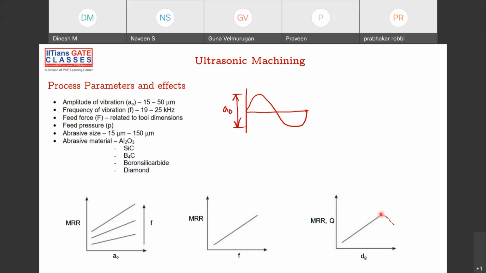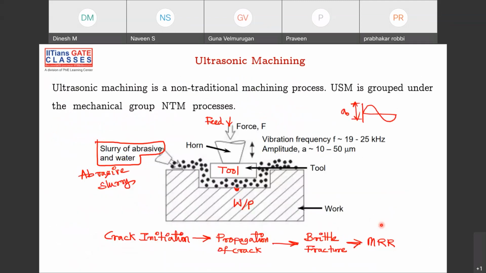But after a certain limit, the material removal rate will come down. Why, sir? The abrasive particles are increasing in size, so it has to remove more material. Okay, but how much gap is there? You see, there is a very little amount of gap. If you are having very big particles, there are other particles as well which are very high in diameter. So sometimes that particle may hit another particle, right?